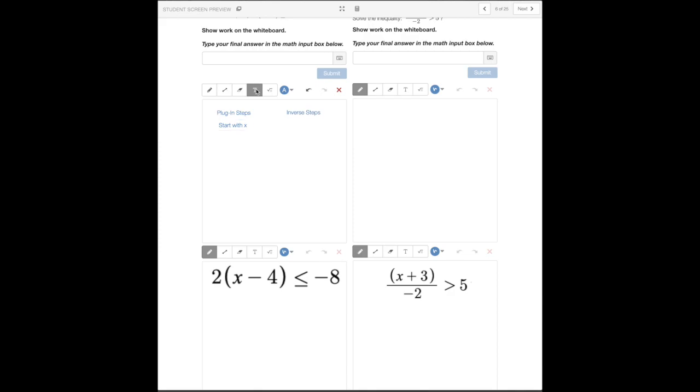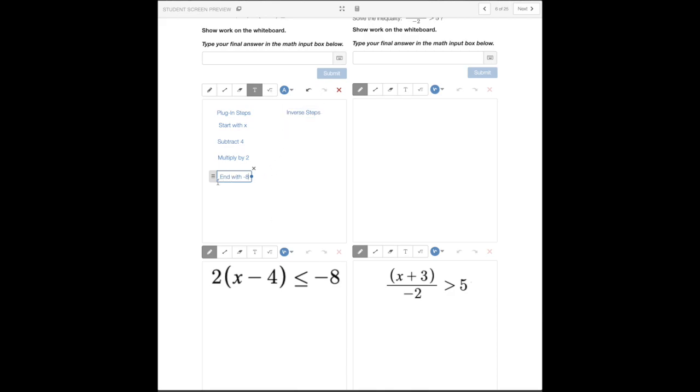So I'm going to type that, subtract 4. And then after that, this whole thing gets multiplied by 2. Multiply by 2. And then lastly, I end with the number that's on the other side of the symbol. So end with negative 8. Those are my plug-in steps right there.